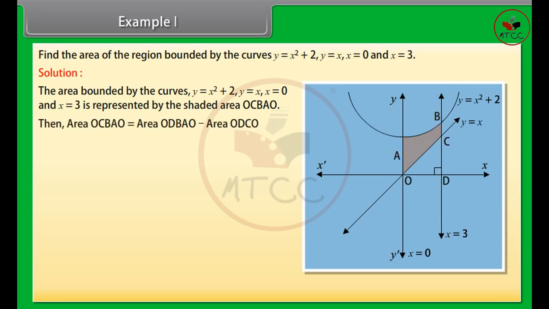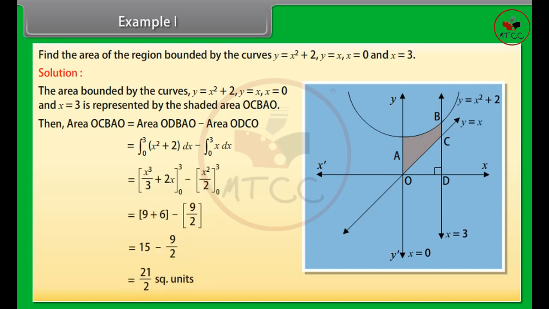Then, area of OCBAO is equal to area of ODBAO minus area of ODCO, which is the integral from 0 to 3 of x² + 2 with respect to x minus the integral from 0 to 3 of x with respect to x. By solving, we get 21/2 square units.